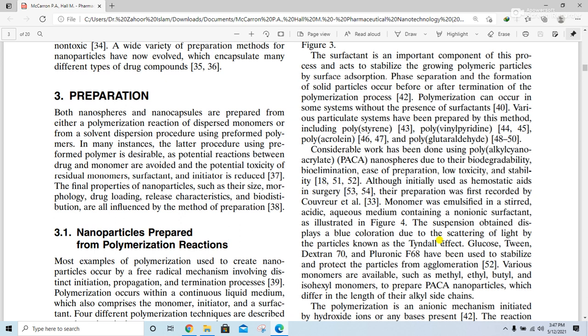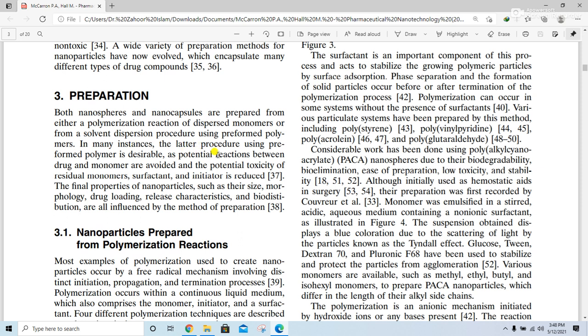Come toward the preparation of nanoparticles and nanospheres. First of all, both nanospheres and nanocapsules are prepared either from polymerization reactions of dispersed monomers or from a soluble dispersion procedure using preformed polymers.